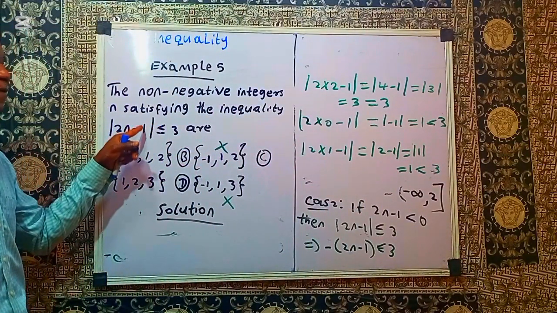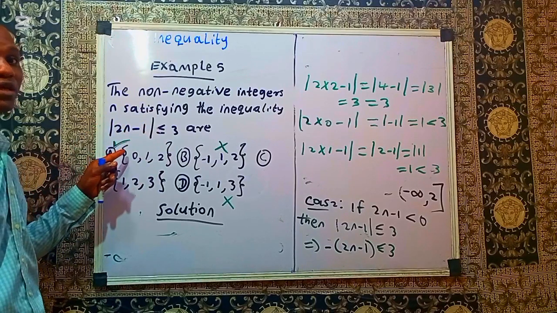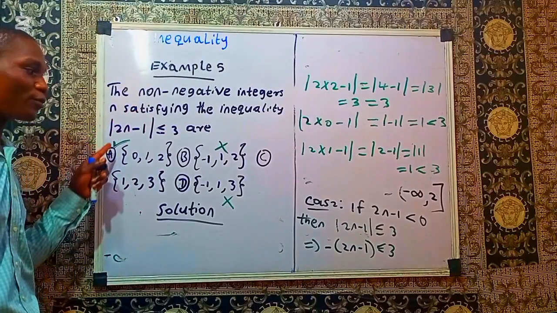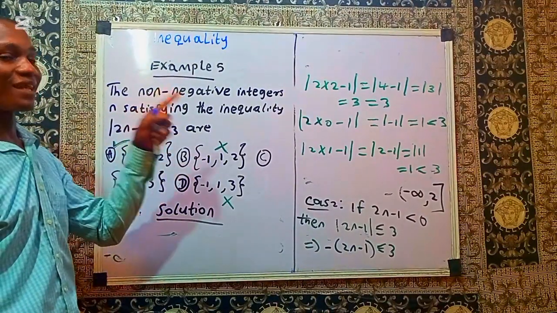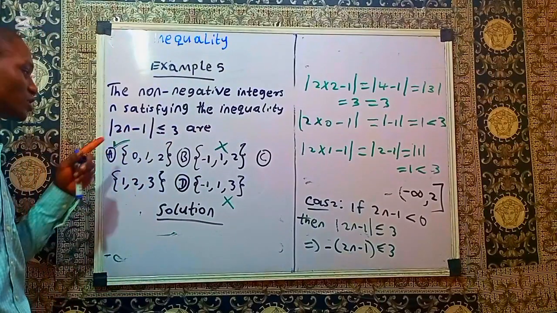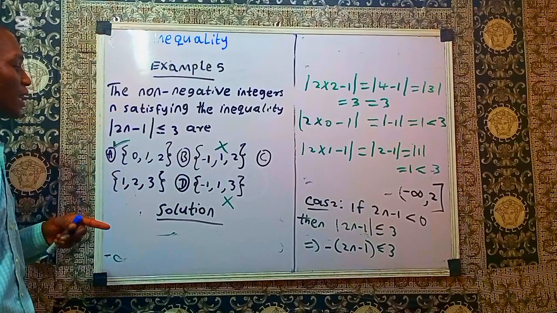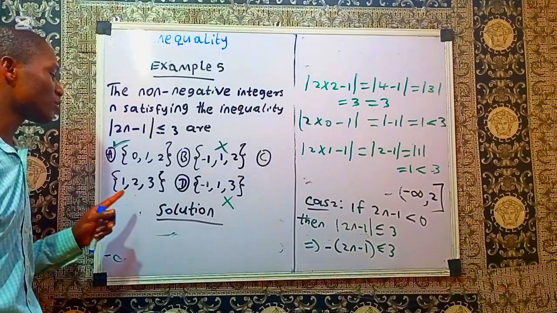So the absolute value of this quantity should be a number that is either equal to 3 or smaller than 3. Since we got 3, it satisfies this inequality. So we are sure that option A is the correct option.